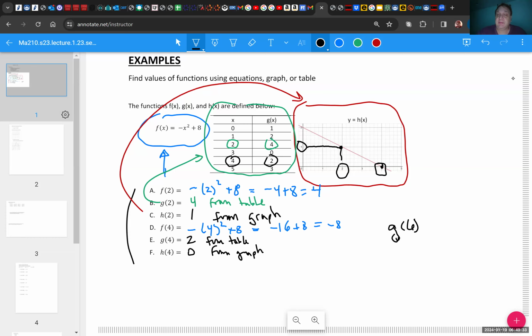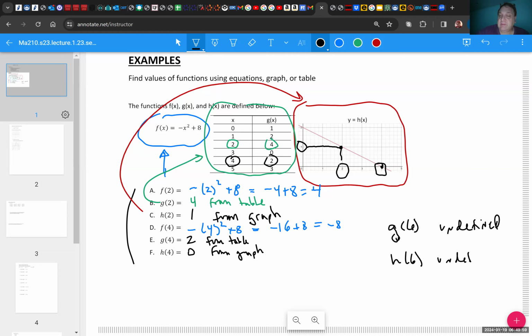The table stops at x equals 5. We don't really know what the value is going to be. Even if we could try to find some equation, that still might not be the right equation. So we say g(6) is undefined. We have not defined what the value is at 6. And likewise, we could say that h(6) is undefined because the graph doesn't show us when x equals 6.